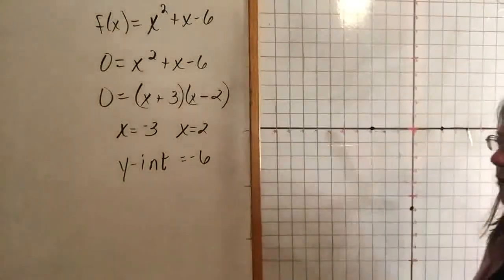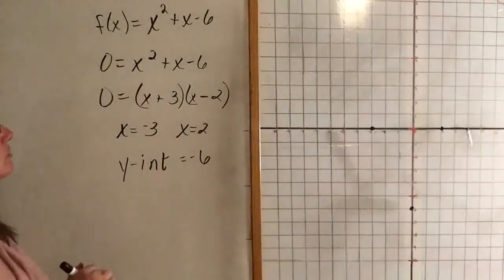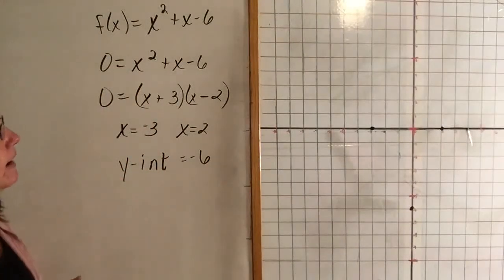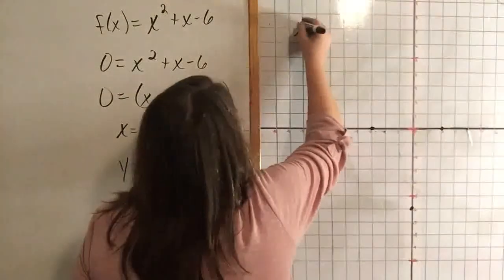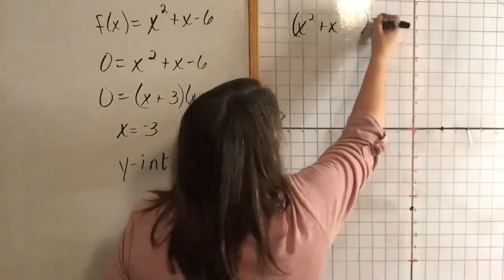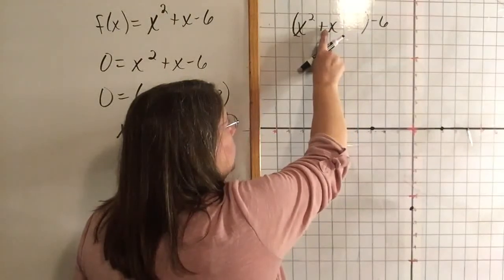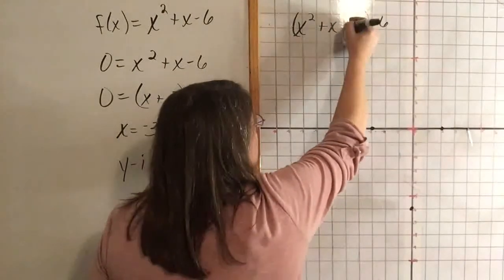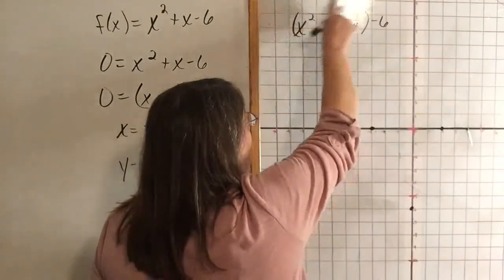We just don't know where the vertex is. Well, if I want to find the vertex of this equation, I could just complete the square and figure out what that is. I'm going to do that right here. So I've got x squared plus x. I group those two, leave a little space, and put the minus 6. Half of 1 is 1/2, and 1/2 squared is 1/4. So if I add 1/4 here, I'm multiplying it by 1.